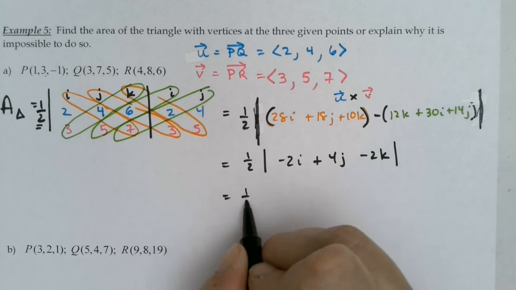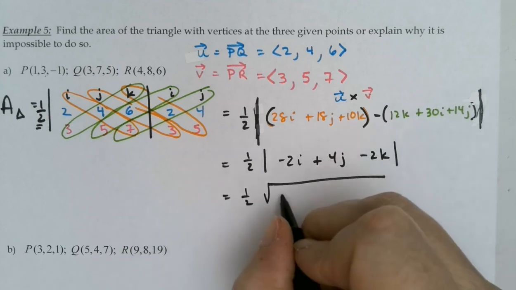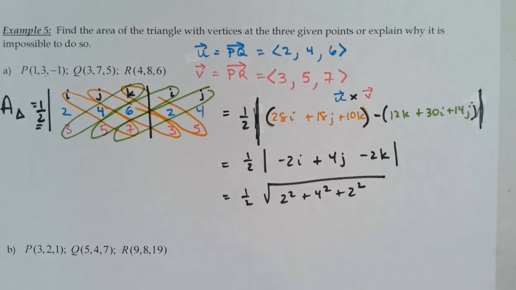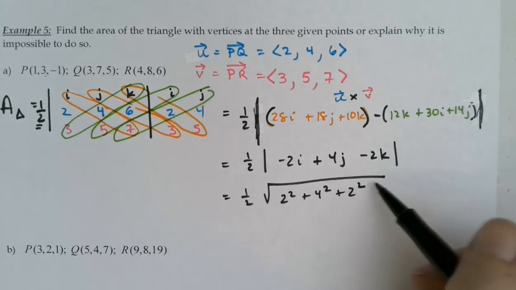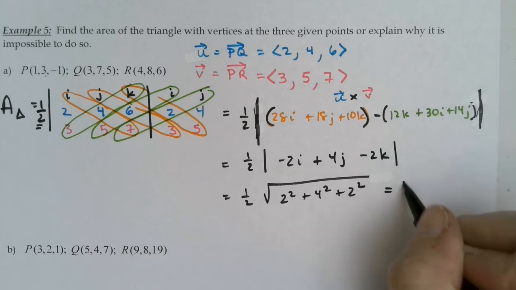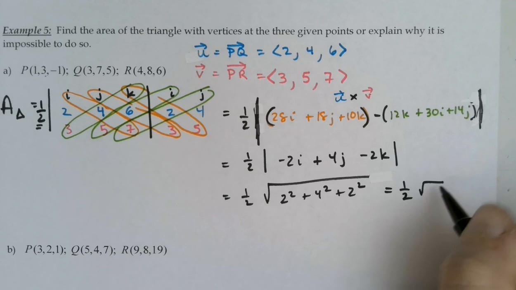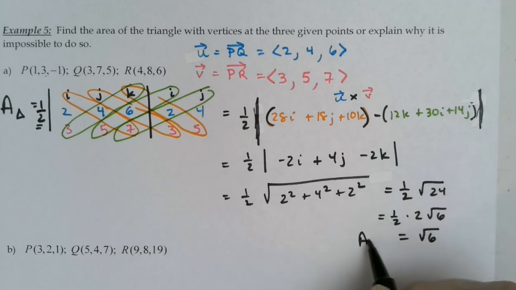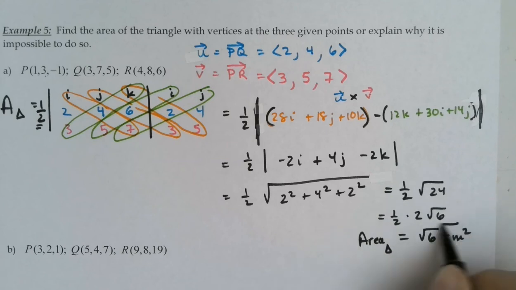So that'd be 1/2 square root of 2 squared plus 4 squared plus 2 squared, because of course we don't care about the negatives since we square them. And that's 1/2 square root of 24. 24 is 4 times 6, so that would be 1/2 times 2 square root of 6, which is just the square root of 6. So the area of the triangle would be square root of 6 centimeters squared.